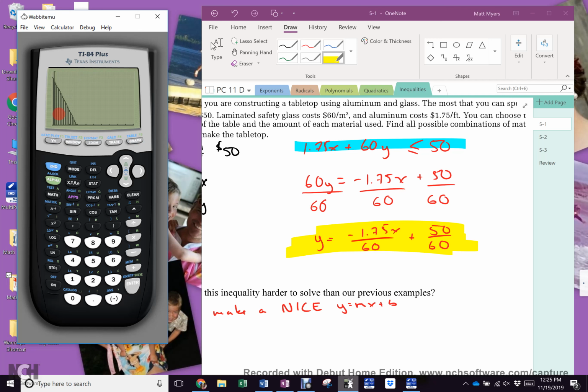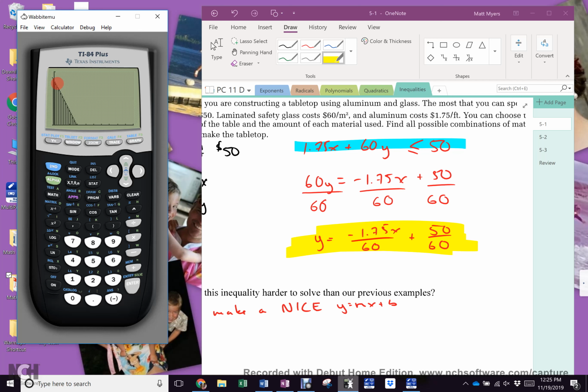Now, the question is, what are the proportions I can buy? Right? How do I find that out from my calculator? Well, I know that I can't buy even 1 square meter of safety glass, can I? Because my glass was Y, right? What's the most safety glass I can buy? 5/6 of a meter, correct?